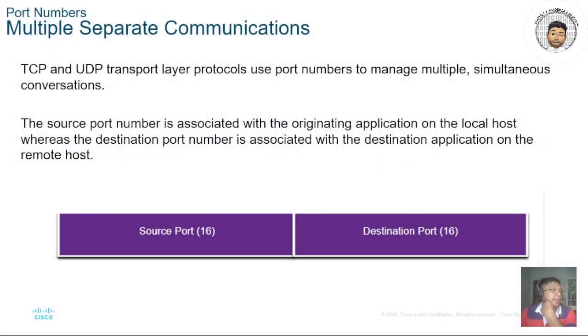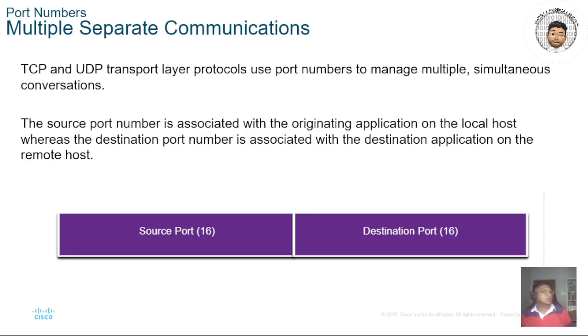Next is port numbers. In the physical layer, we have the source MAC address and destination MAC address. In the internet layer, you have the source IP address and destination IP address. But in the transport layer, you have source port and destination port.